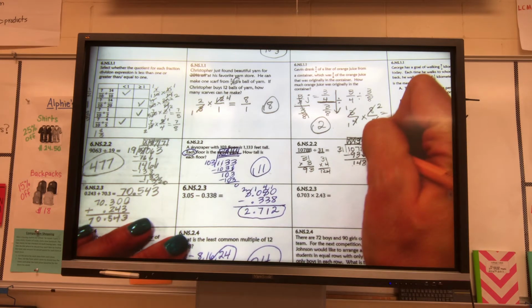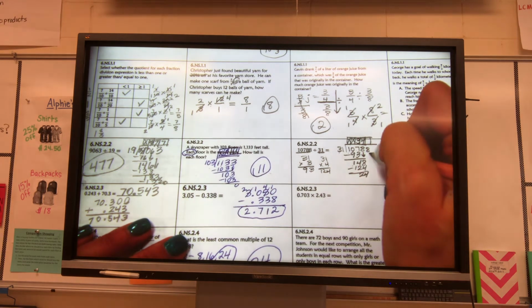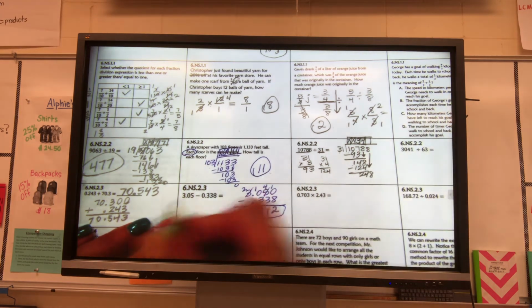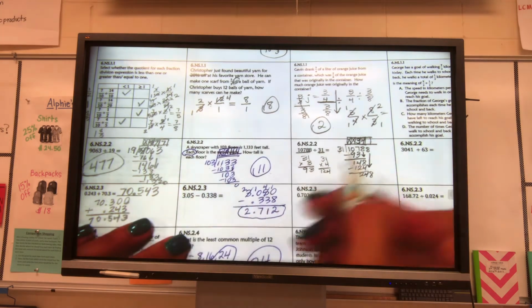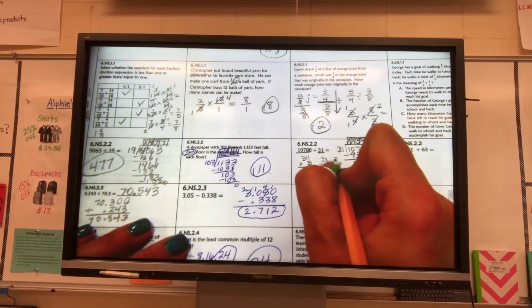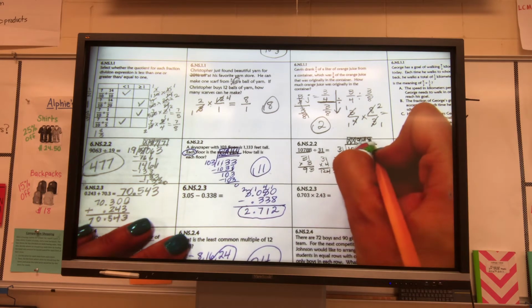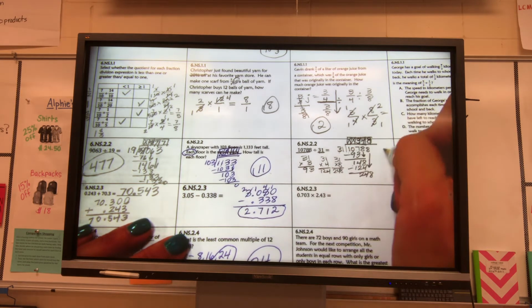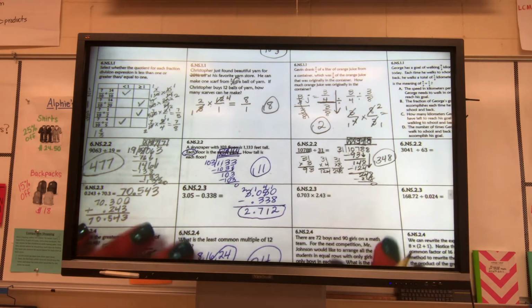Subtract, I get 24, bring down the 8. Okay, I know that 3 times 8 is 24. So let's try 31 times 8. That gives me 248. Looky there, there it is. So my answer is 348 for that problem. And again, it's zeroed out. Let's look at the next one.